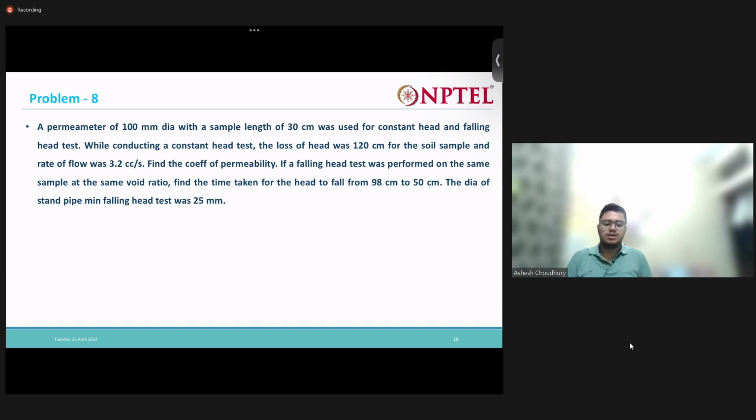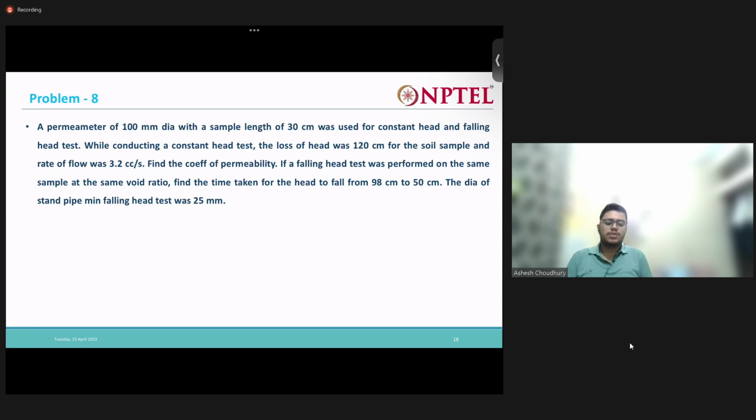All those things we studied. We also saw how we can draw the flow net. We learned the concept of flow net, equipotential lines and flow lines. We saw how we can use the flow net to calculate the amount of seepage through a geotechnical structure.